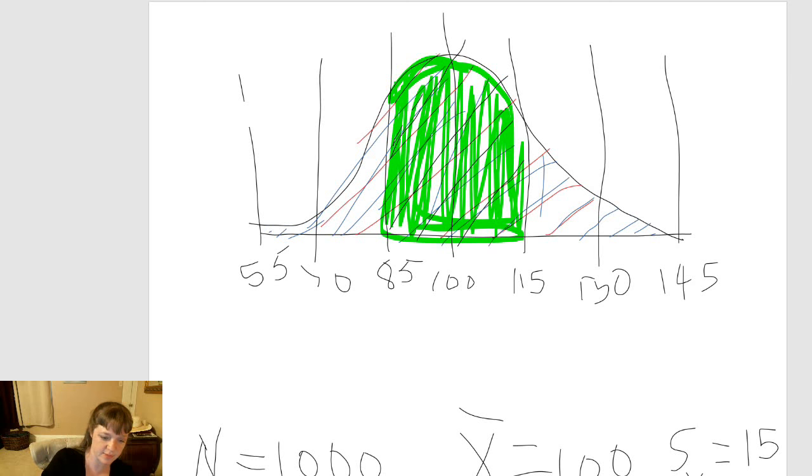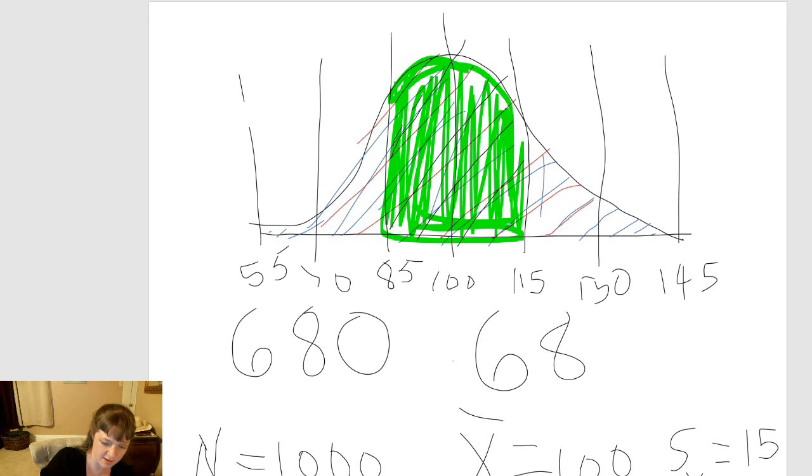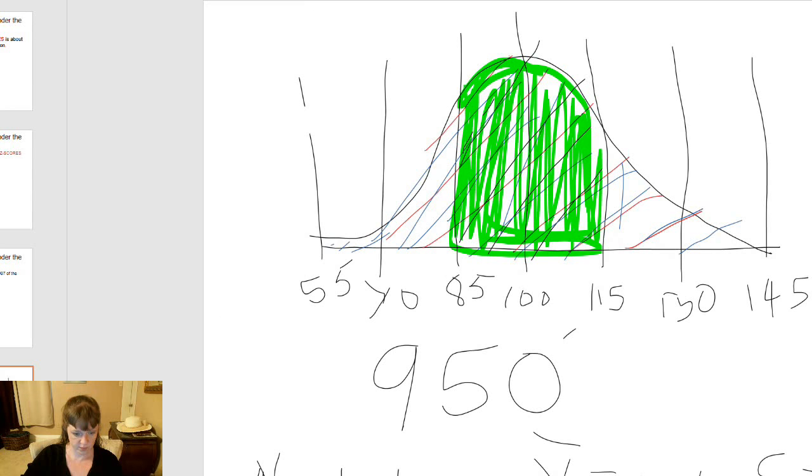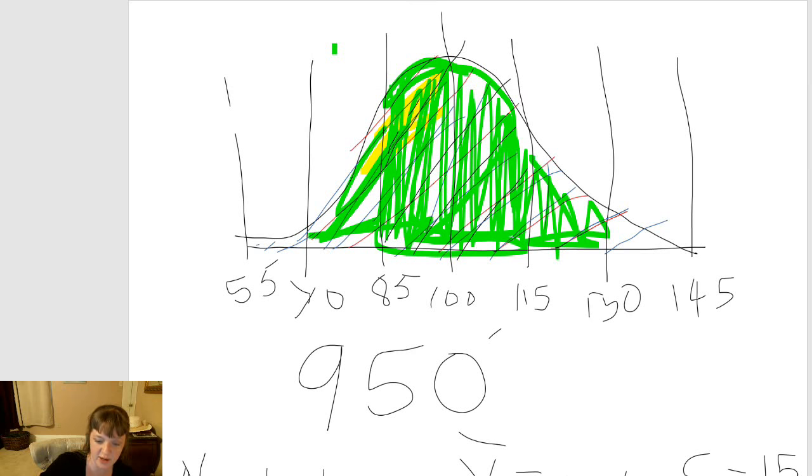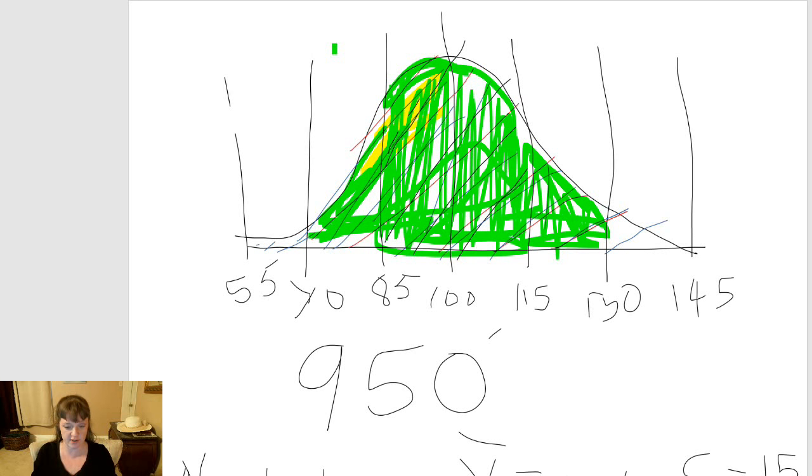that means 680 of them, or 0.68, will have IQs between 115 and 85, because that's within 1 standard deviation of the average of 100. 950 people would have IQs between 70 and 130, because that's 95%, or 0.95 of 1,000.